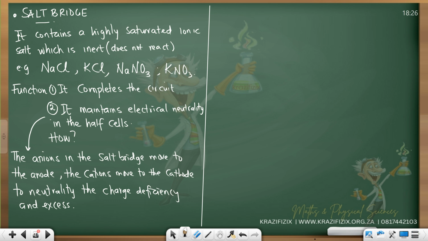We look at the whole cell now. The cations move to the cathode to neutralize the charge deficiency and the charge what? Excess. I am going to quickly explain now, my good learners.